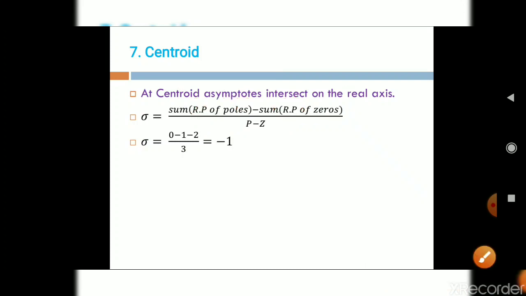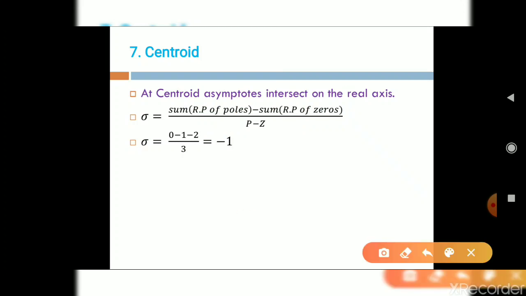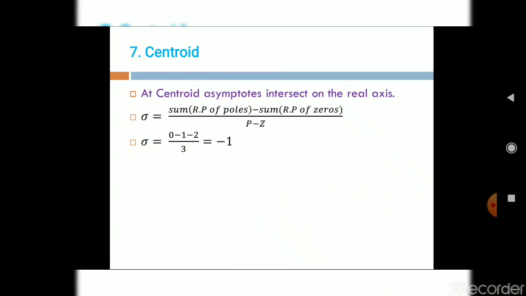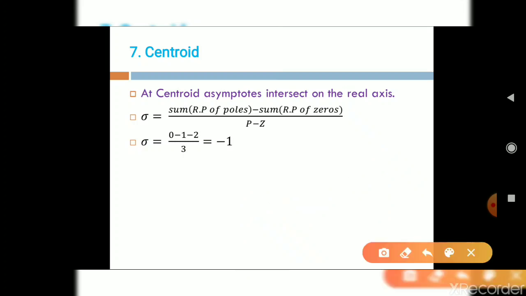If the poles have any complex conjugate term, then just consider the real part of that. For example, if the root is -2 + 3j, then the real part is just -2. And p - z means number of poles minus number of zeros.